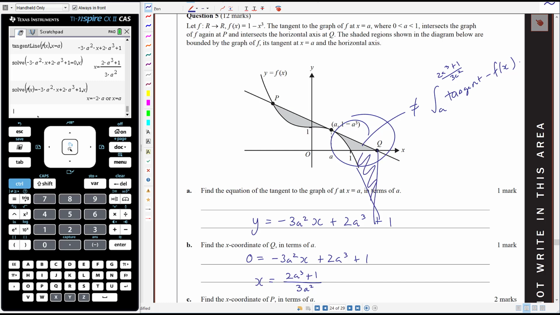It's not an area between two curves. It's the integral from a to 1 of tangent minus f of x, and then plus this bit out here, the integral from 1 to whatever of the tangent.